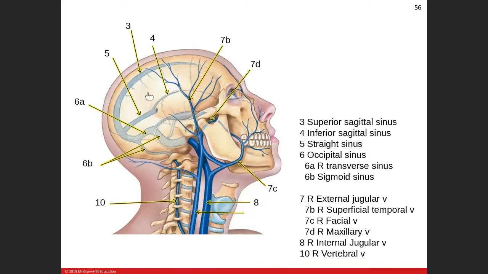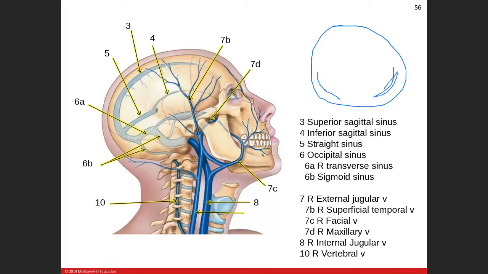What this is showing us is all the venous drainage. This top one here is the superior sagittal sinus. Here's the inferior sagittal sinus. Both of these will drain back into our straight sinus. The straight sinus, along with the superior sagittal sinus, will drain into the transverse sinus, which, if we're looking down on the cranial cavity here, runs along the lateral border.